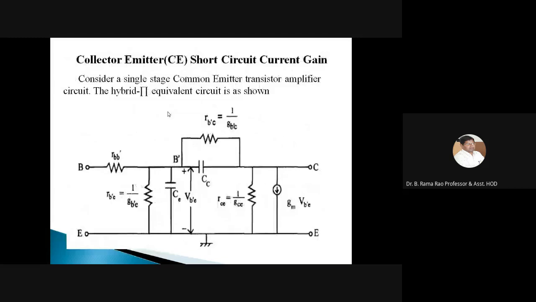With this, I am going to stop. You practice this. It is one of the important derivations: the CE short circuit current gain for the hybrid pi model. When you are asked to determine it, take the hybrid pi equivalent circuit and assume the output is shorted.